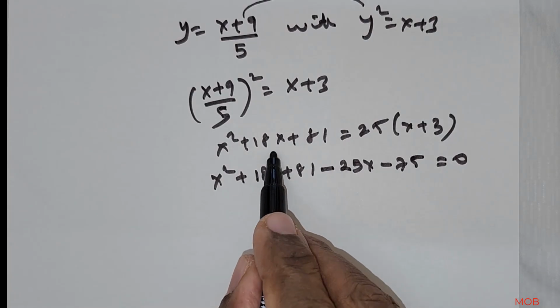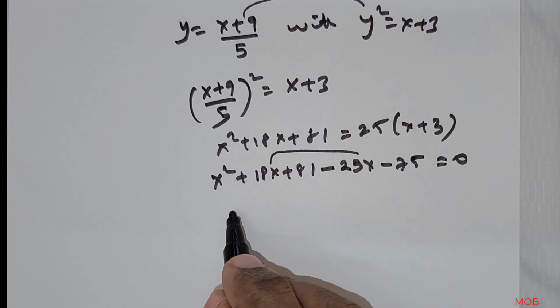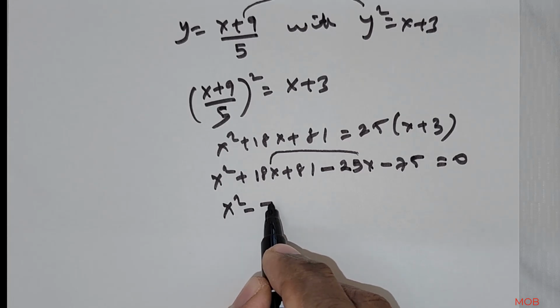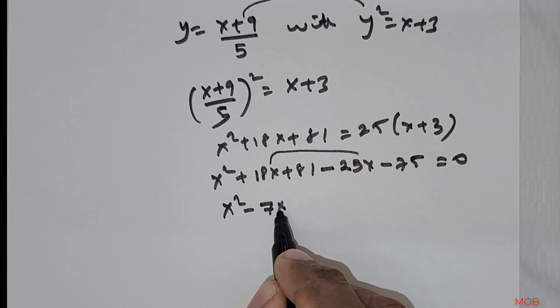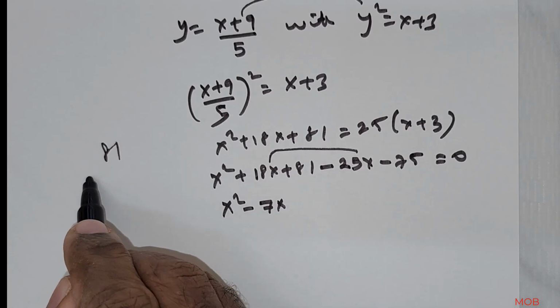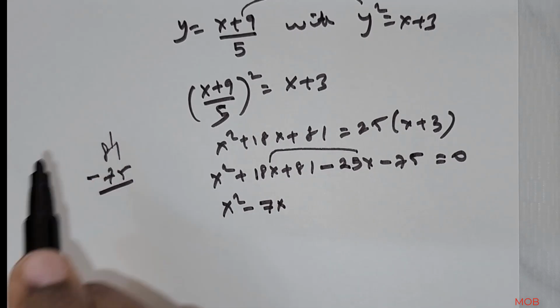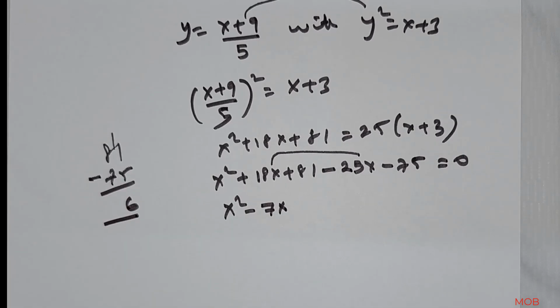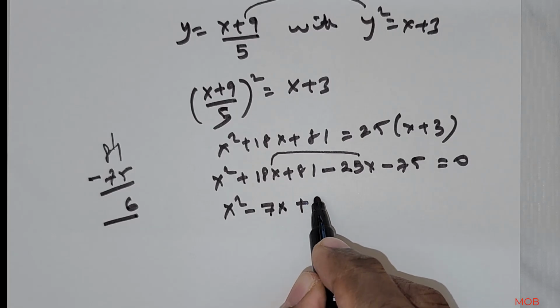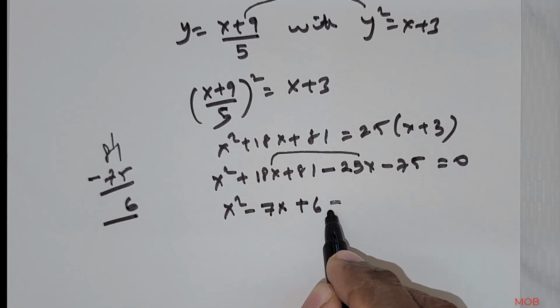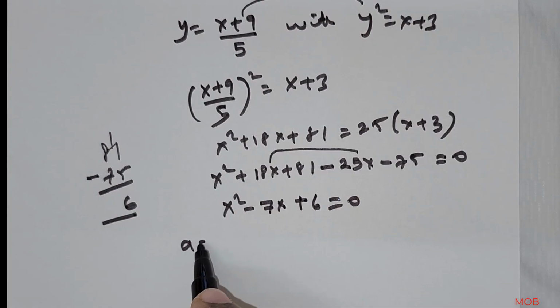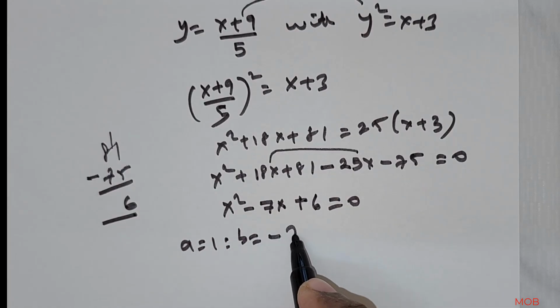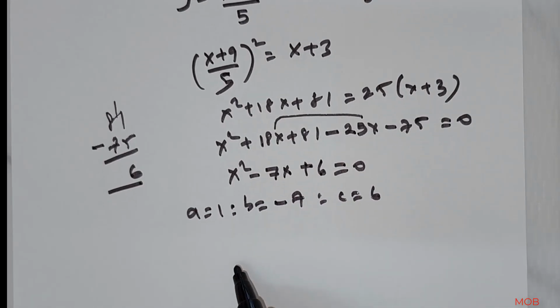Okay, so you add these two, you get x² - 7x, and from 81 you take away 75, you get 6, right? So it's going to be x² - 7x + 6 = 0. So a is equal to 1, b is equal to negative 7 and c is equal to 6.